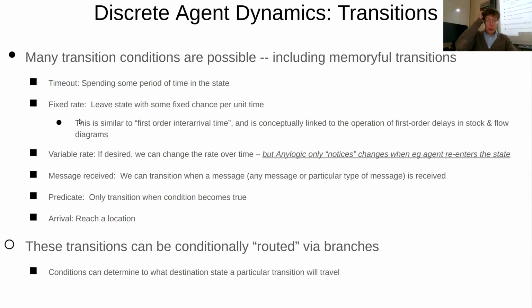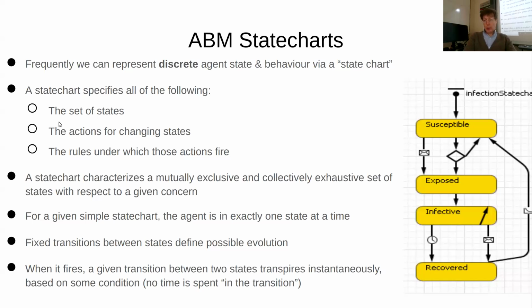Those are both memory-full transitions. In fact, that latter one would say, for example, that unless you leave for some other reason, you undergo recovery in exactly, let's say, 10 days. This is the timeout transition. There, it's not only not memoryless, it's about as memory-full as it can get.